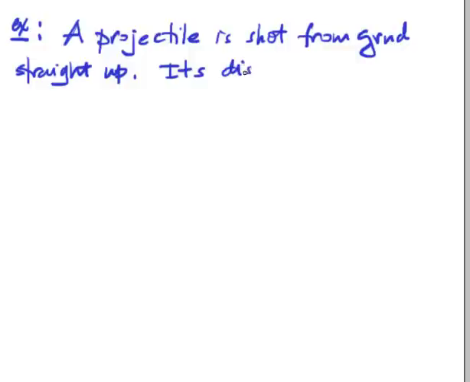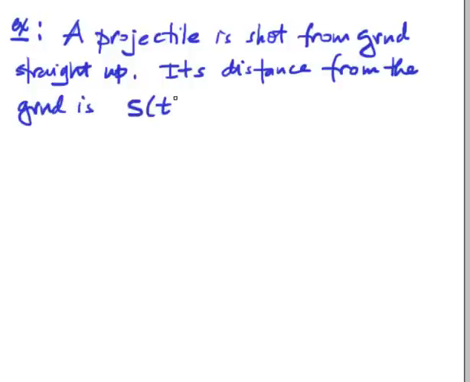Its distance from the ground is given by the following function. S of t is equal to minus 16t squared plus 80t. Notice when we put in t equals 0, we get 0 because its distance from the ground is initially 0. It's starting on the ground.